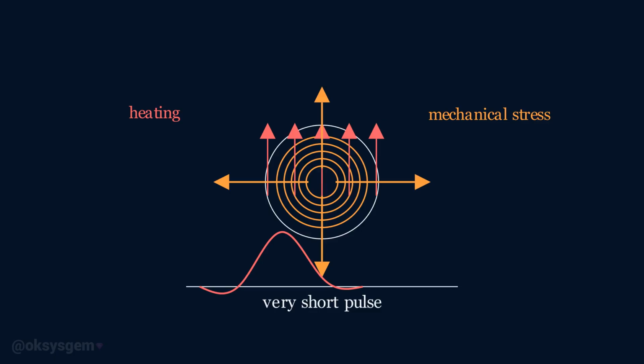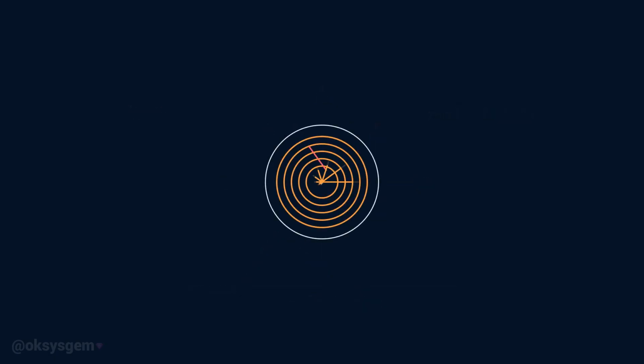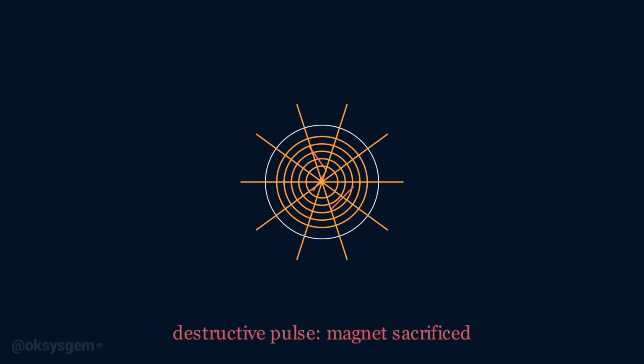In some experimental designs, the magnetic pulse is so extreme that the magnet itself cannot survive it. These are known as destructive pulsed magnets, because the coil is sacrificed during the measurement. The experiment may last only a tiny fraction of a second. But during that moment, scientists can investigate how materials behave under magnetic fields that are otherwise impossible to create in a laboratory.